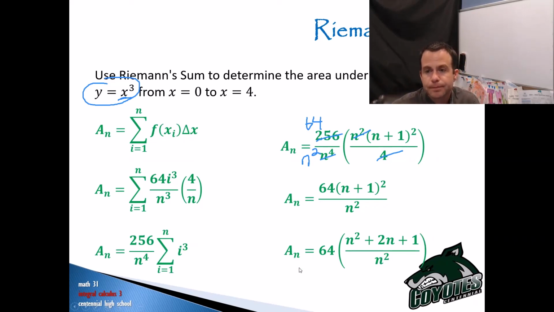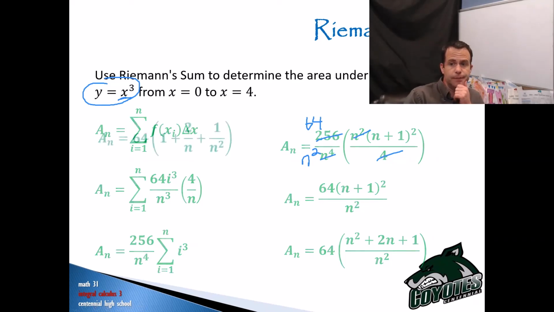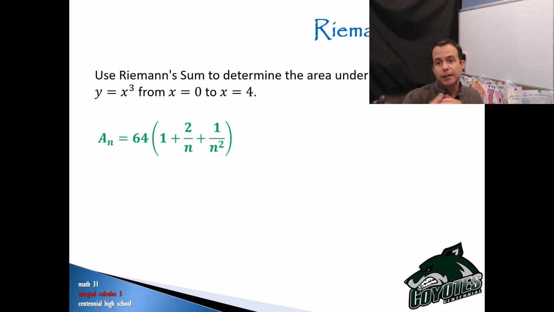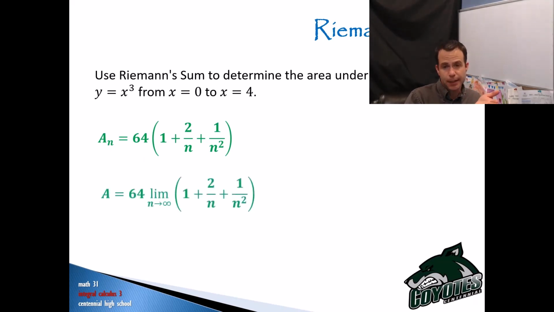Some of you may feel like I'm ignoring the 64 divided by n squared, but I'm not really, because if this is 64 times that, it is still being divided by the n squared. What I've really done here is I've set myself up so that I have a very nice limit conversation. That's why I wanted to set this up into those 3 different terms by dividing everything by n squared there. So now it looks like I'm ready to take the limit.